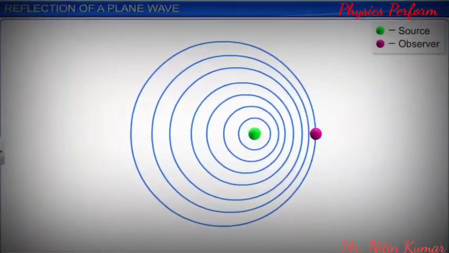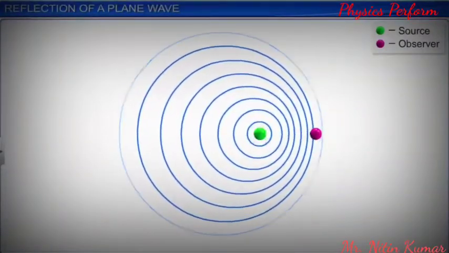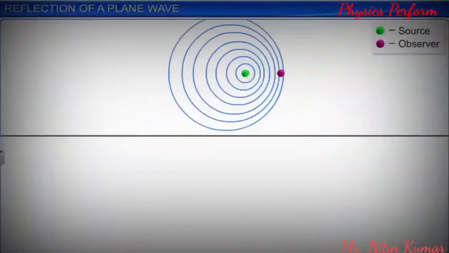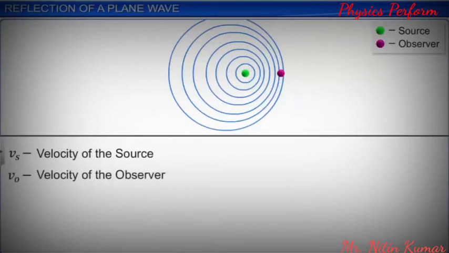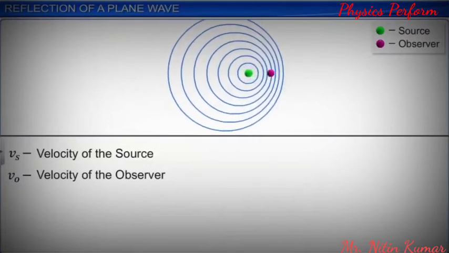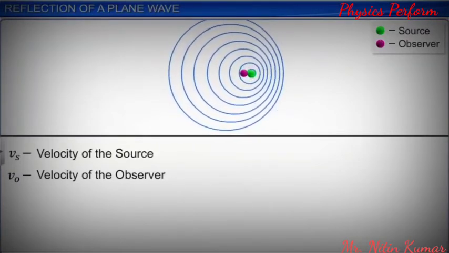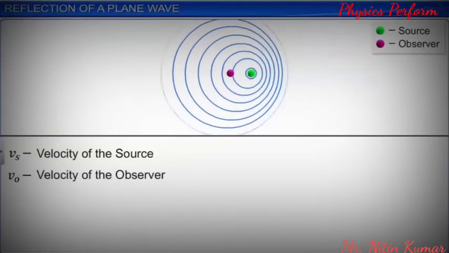Let us recollect the expressions we had derived for the Doppler effect of sound waves. Let Vs be the velocity of the source, Vo be the velocity of the observer. Both these velocities are relative to the medium in which they propagate and act along the line joining them.